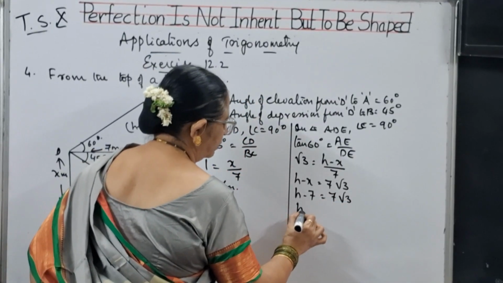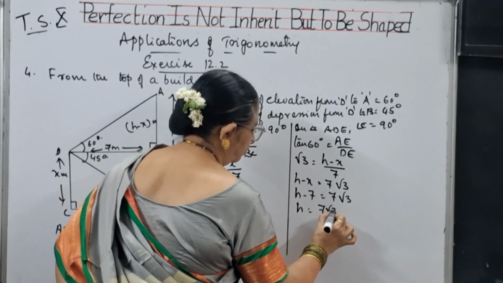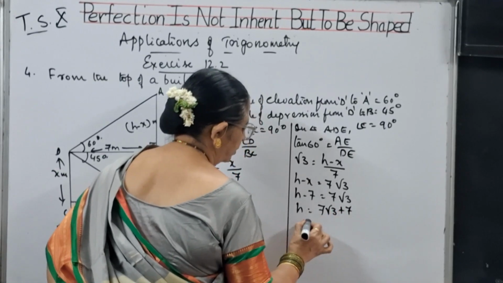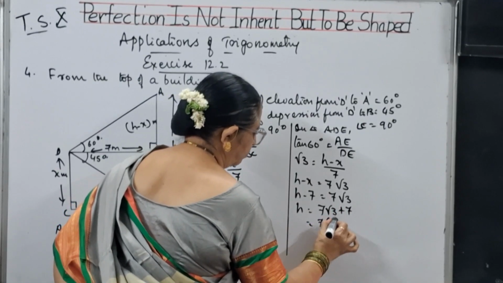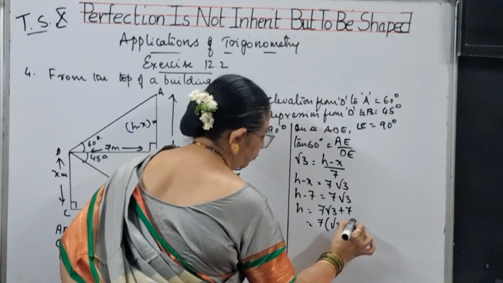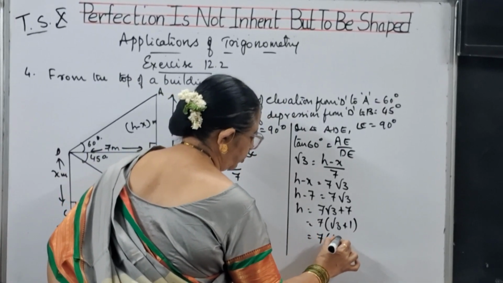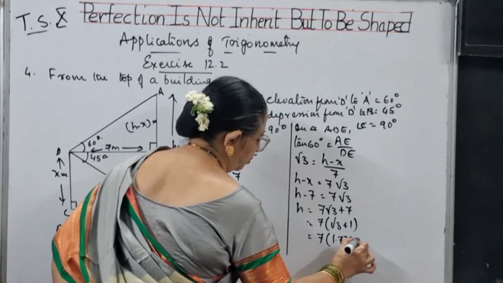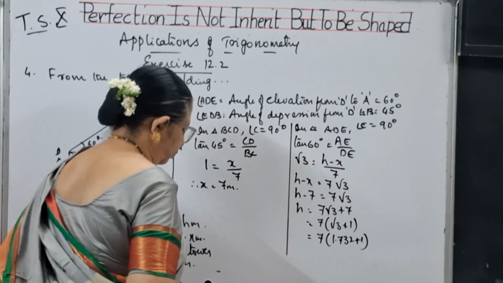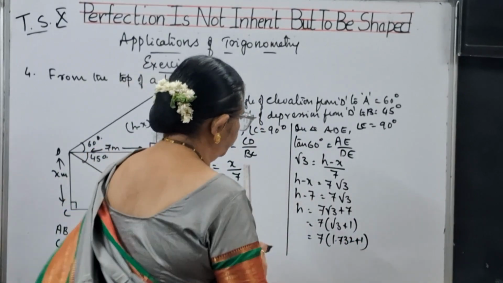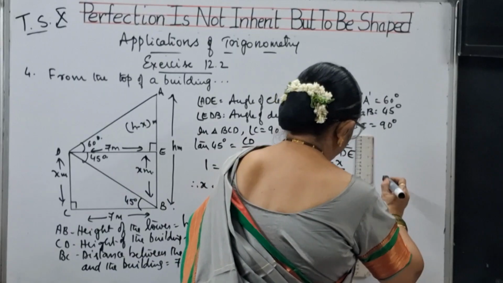So what is h? 7 root 3 plus 7. That is 7 into root 3 plus 1. That is 7 into 1.732 plus 1, because root 3 value is 1.732.